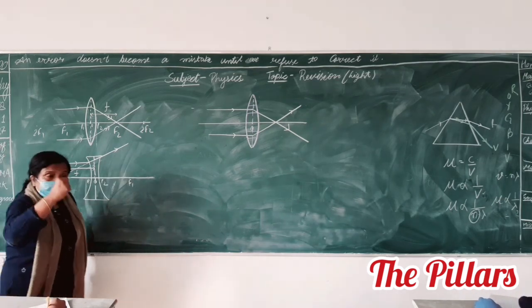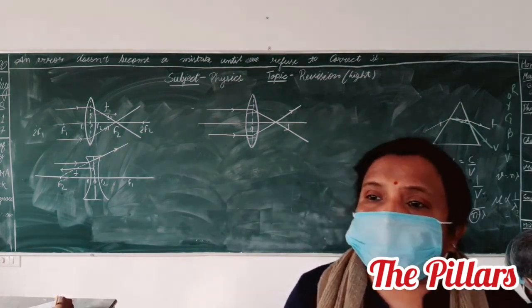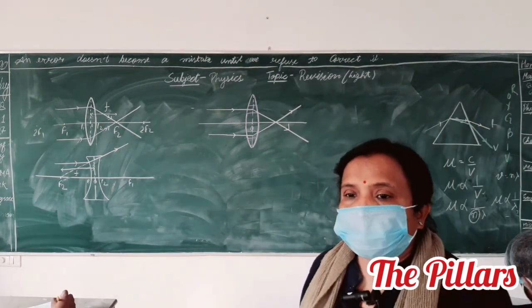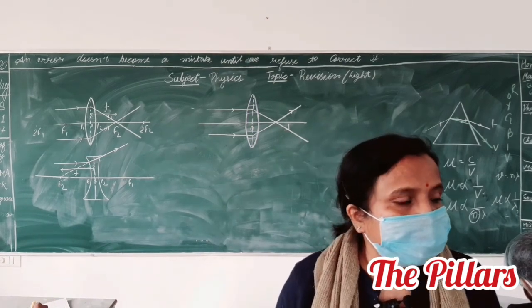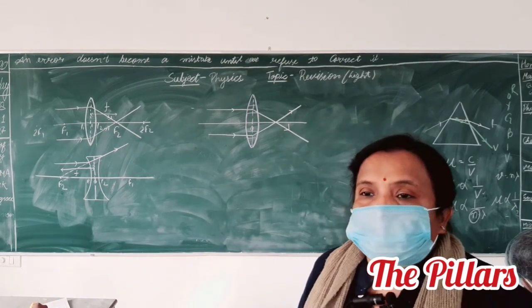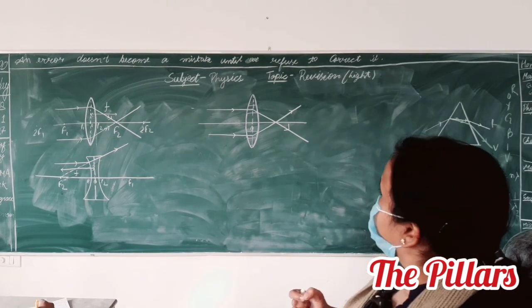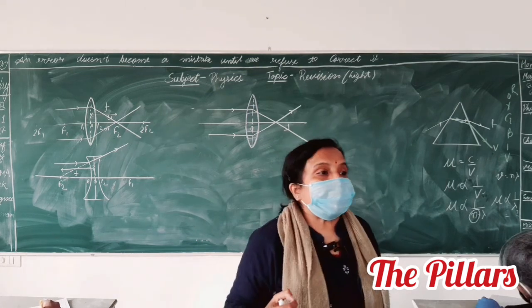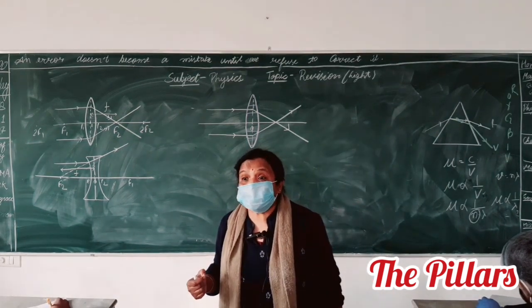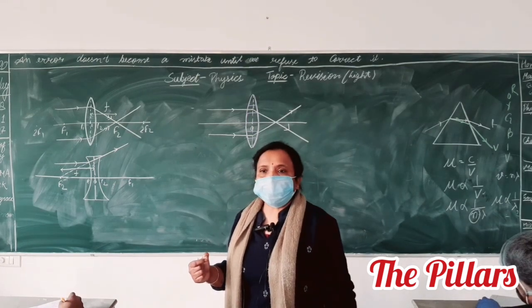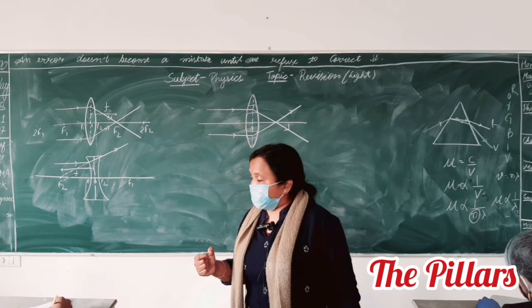You write down in a nutshell quickly. A convex lens is considered to be made up of several prisms as such.